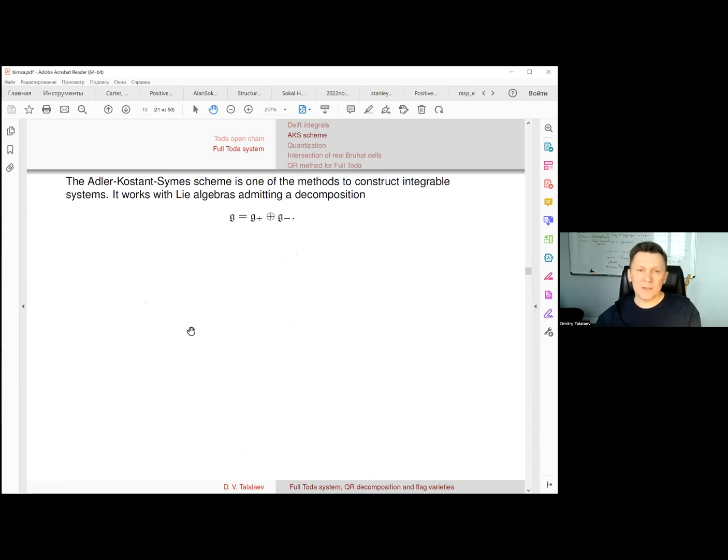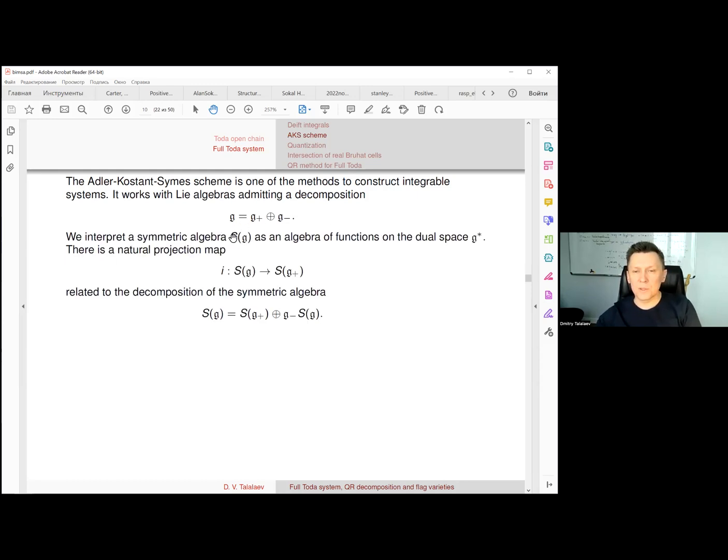The QR decomposition is principally related to the Adler-Kostant-Symes scheme known in the theory of integrable systems. I will recall the essence of this method. Let Lie algebra G admit decomposition into the sum of two subalgebras, G plus and G minus.